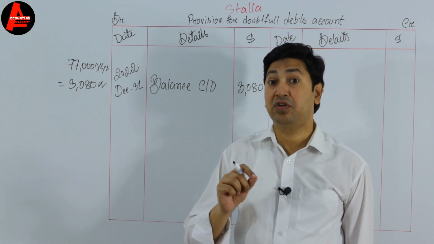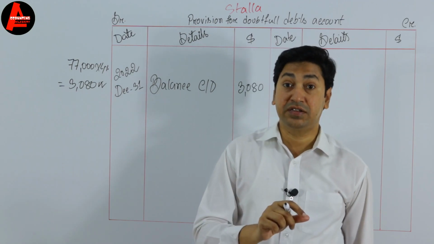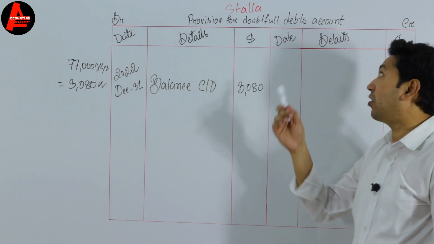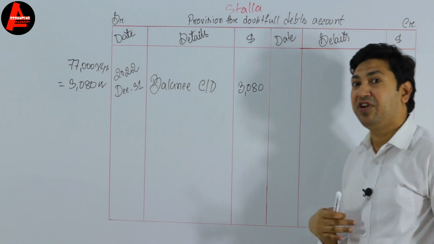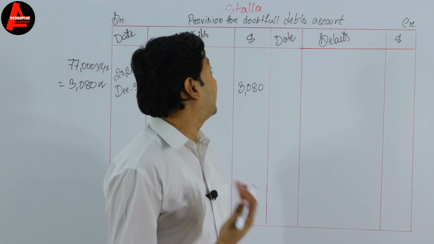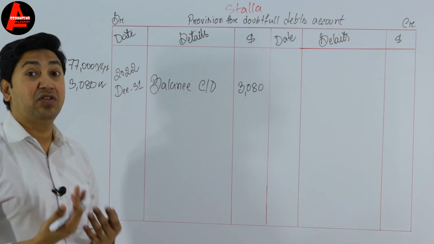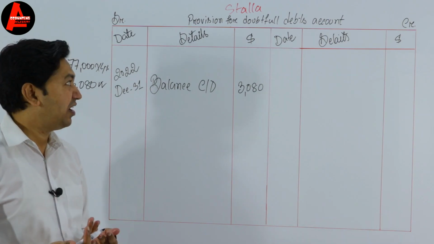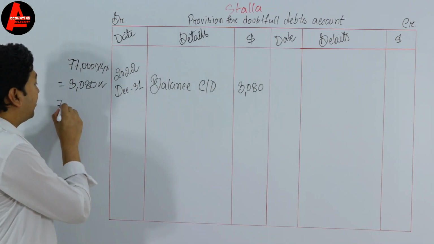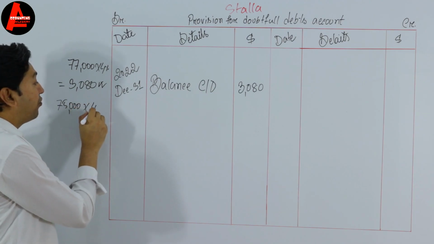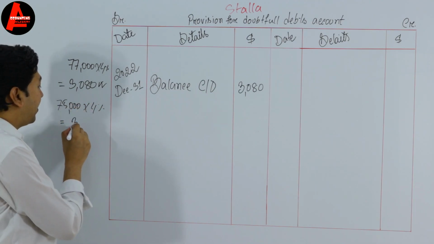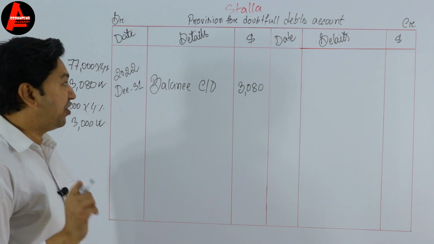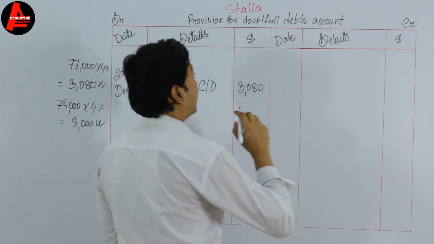So provision for doubtful debts on the opening balance, if we calculate at the rate of 4%, will be the opening balance of the provision, which will appear on the credit side, because provision for doubtful debts is a normal credit account. It has a normal credit balance as it is a liability. So here we have $75,000, same 4%. If we multiply, we get $3,000. This will appear on the credit side as an opening balance.